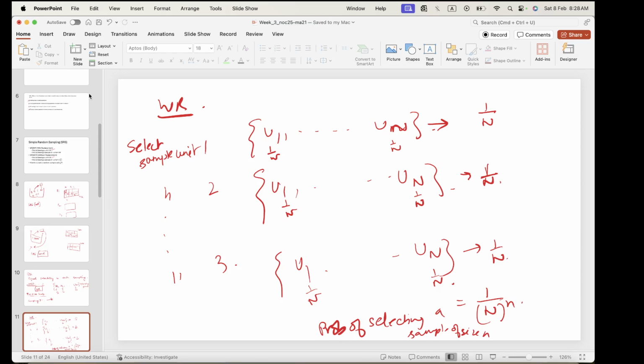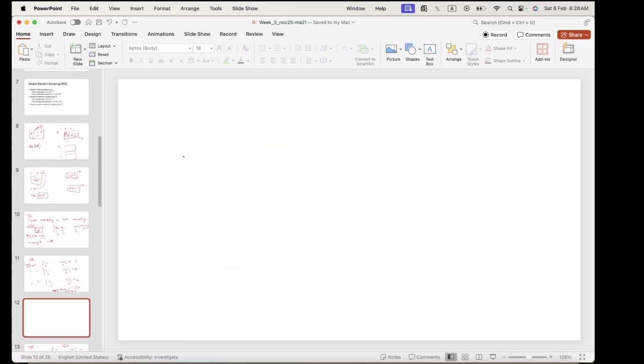Or if it is easier, let's say I have n blank spaces. I am trying to decide all possible samples. In this place I could have either of the n units. In this place also I could have either of the n units.